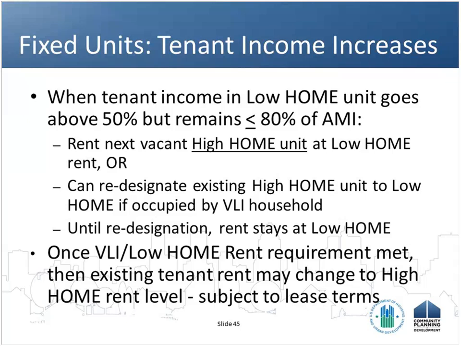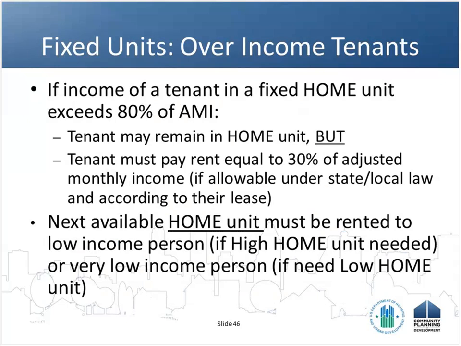Then we can go back and change the designation for that existing tenant, make that a high HOME unit, and then raise their rent to the high HOME rent. So we're staying in compliance by getting that unit mix back into compliance.